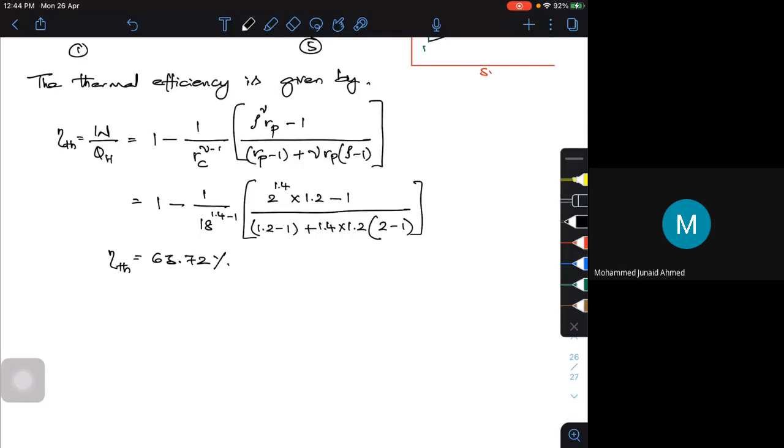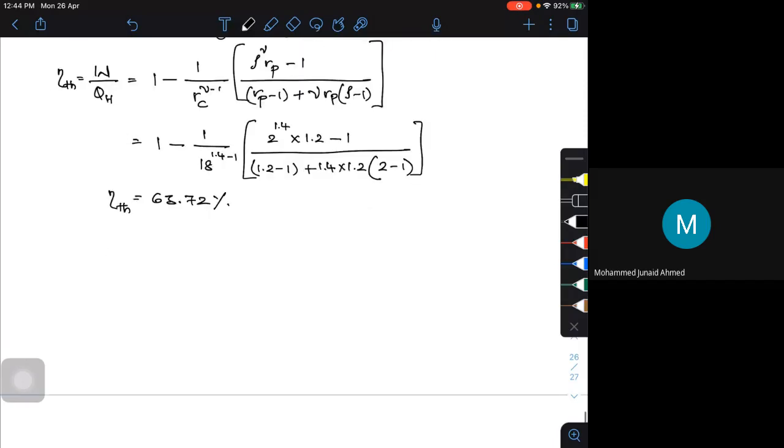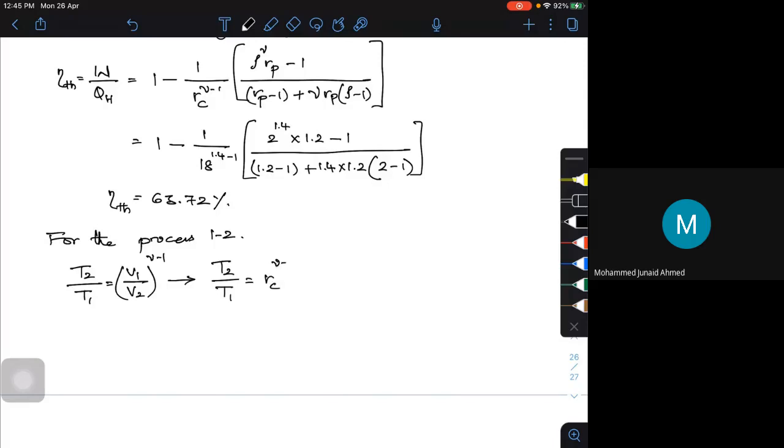So consider the process 1 to 2. T2 by T1 is equal to V1 by V2 whole to the power of gamma minus 1, or T2 by T1 is equal to RC to the power of gamma minus 1.